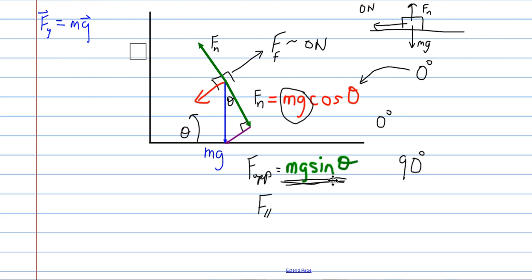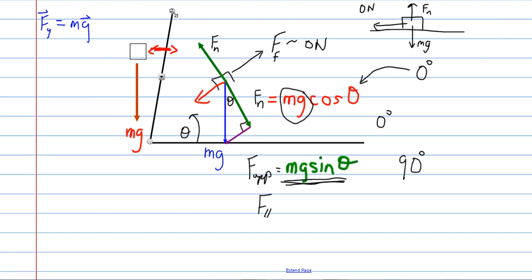If I take my 90 degrees and I replace theta with 90 degrees, I find that the sine of 90 is 1, and therefore the applied force of the parallel component is in fact simply mg directed straight down. It is the force of gravity. And so the only component in this case would be the force of gravity component, and there would be no component acting this direction supporting the object.